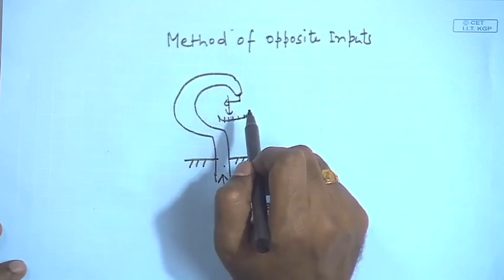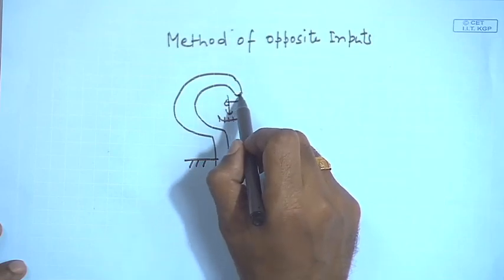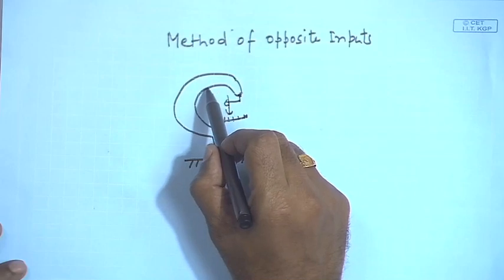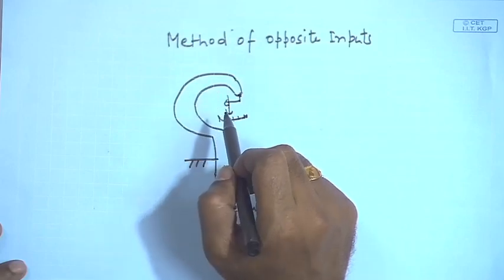Among the various factors on which the tip deflection will depend, the elasticity of the material is one.